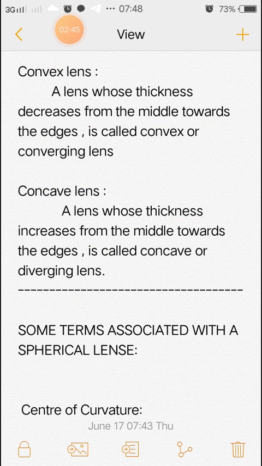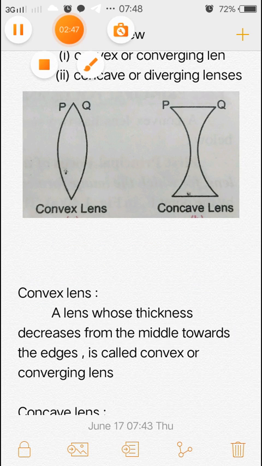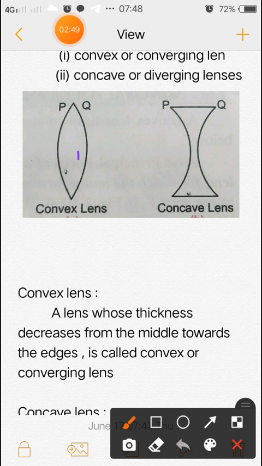You can see from the figure: as we go along the arrow the thickness decreases, and as we go along the other arrow the thickness increases.